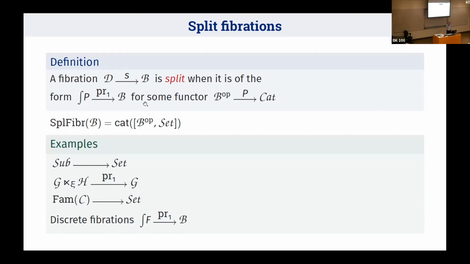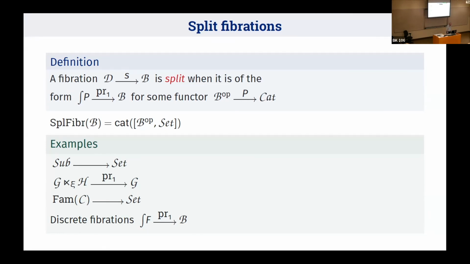And so I took advantage of all the things I've told you already. A fibration in the sense of the final correct definition is a functor of this form, which comes from the Grothendieck construction applied to a functor, a real functor of this kind of index.